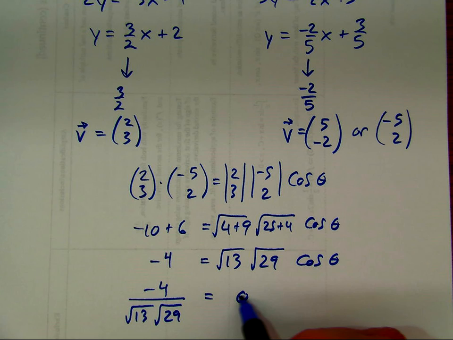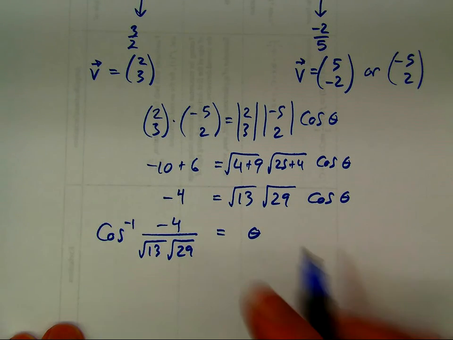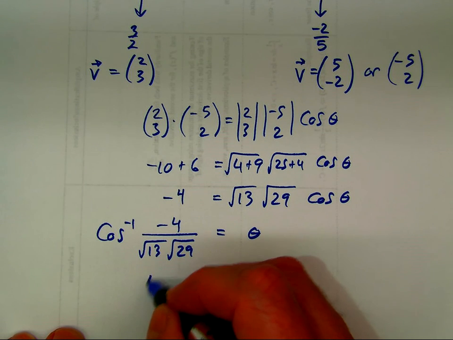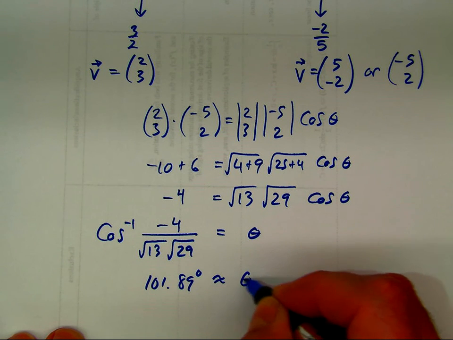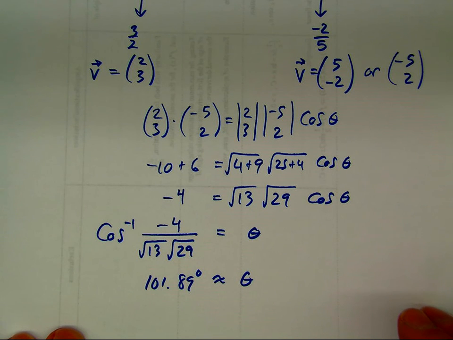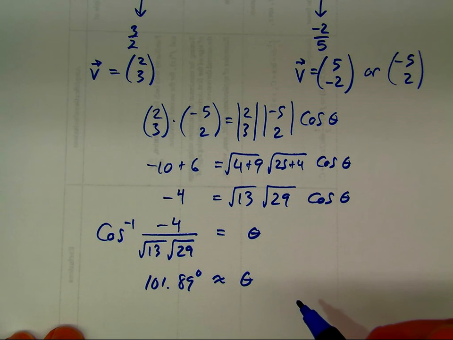Inverse cosine, and we get that. That's an obtuse angle. If it asks for the acute angle, then you would just subtract that from 180.